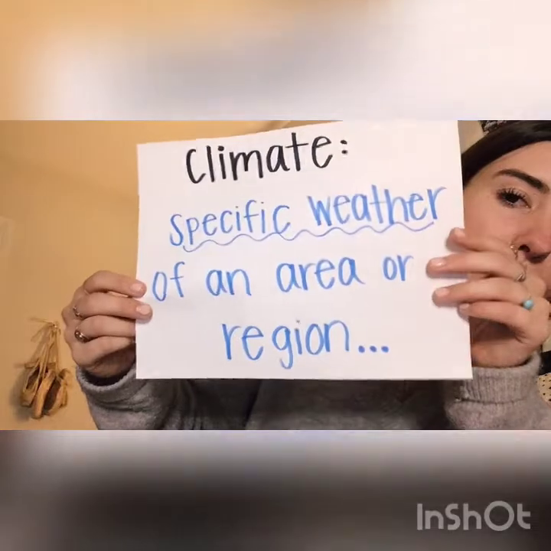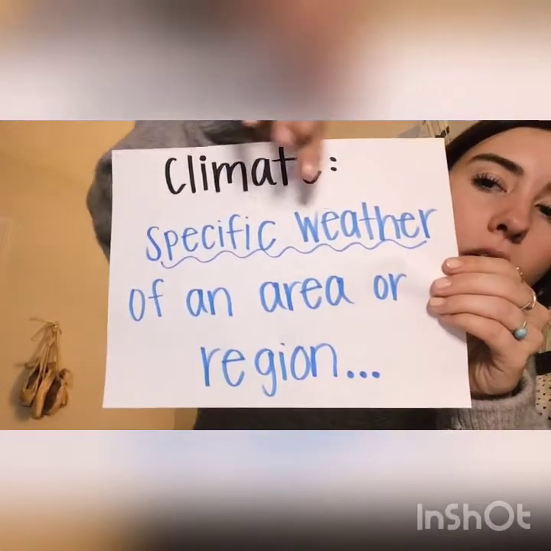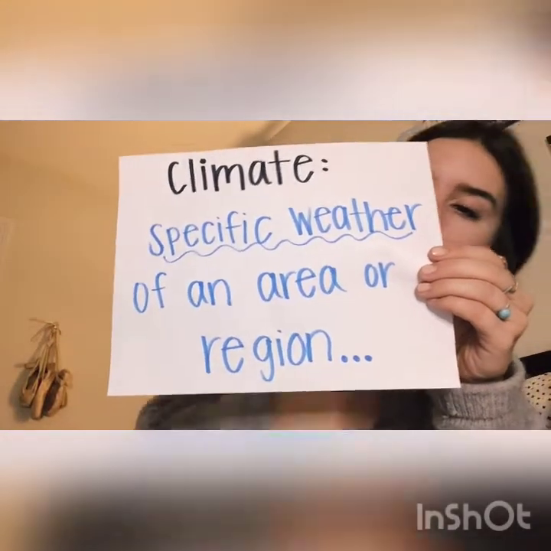You are pretty much Yodas of weather, and climate has a lot to do with weather. So I made us just a small little anchor chart just so we could read what climate means. And climate is a specific weather of an area or region.